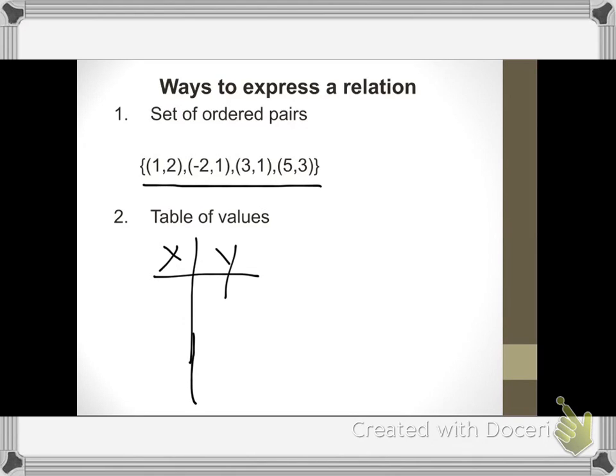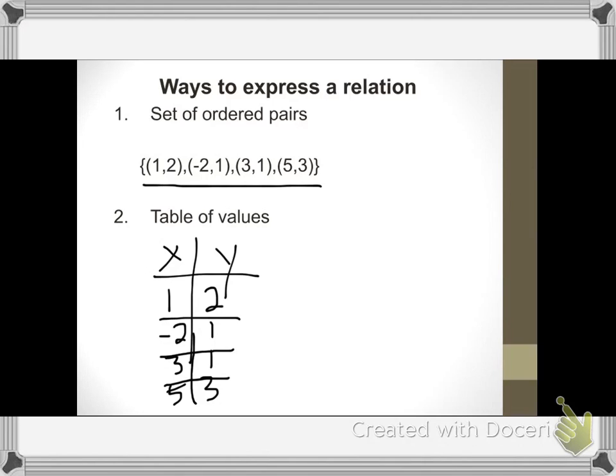So my first x value is 1, its corresponding y value is 2. -2, 1, 3, 1, 5, 3. So that's one way to represent a relation as a table of values.